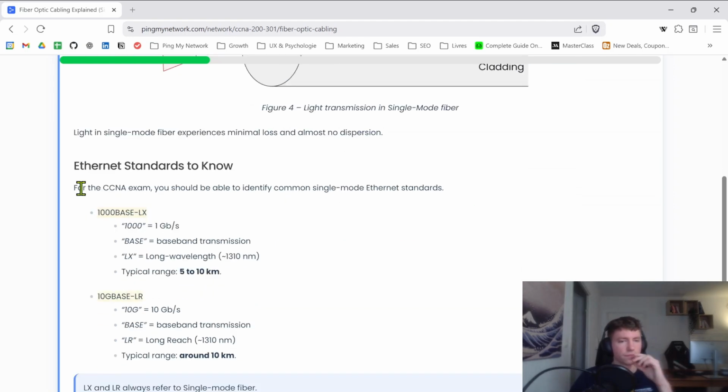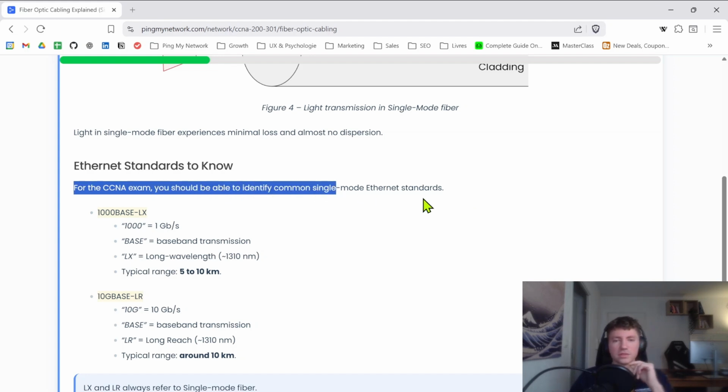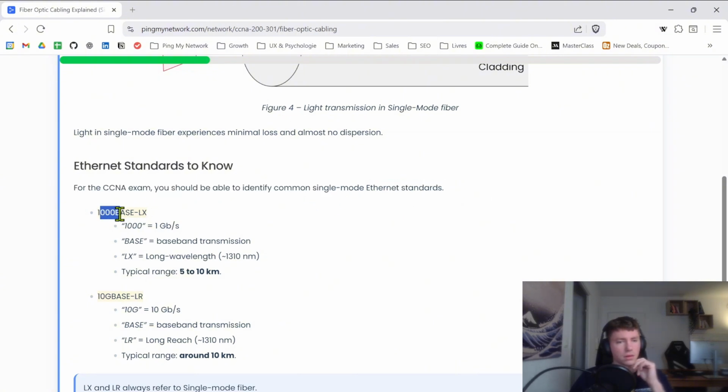Ethernet standards to know. For the CCNA exam, you should be able to identify common single mode fiber Ethernet standards. Okay, 1000BASE-LX, 1 gigabit per second, long wavelengths.